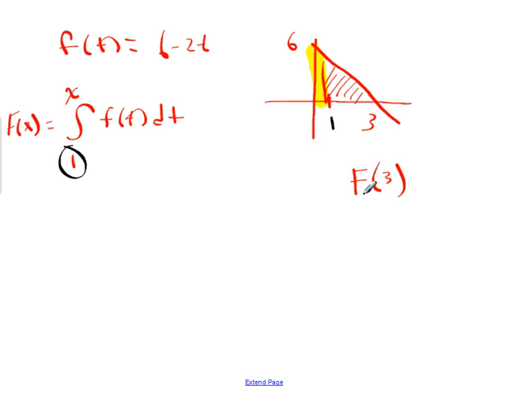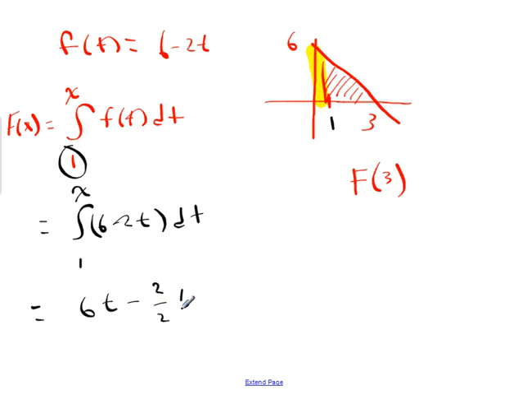And let's just go through the mechanics to see what this function would look like. So this is the integral from 1 to x of 6 minus 2t dt. We take the antiderivative. So we get 6t minus 2 over 2 t squared, same as before. And now my limits of integration, instead of being from 0 to x, are 1 to x. And this is where the key difference is going to occur.